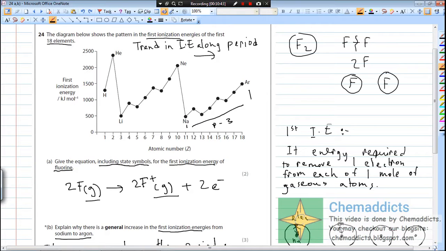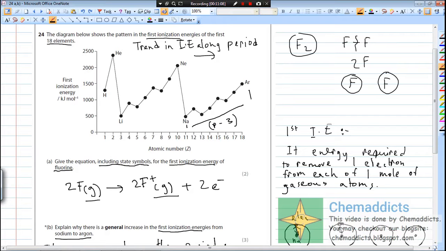The only change that will happen is in the valence shell, so the only change will be the number of electrons in the outer shell. The total number of electrons in the inner shells remains the same, and the number of inner shells, or shielding, remains the same.